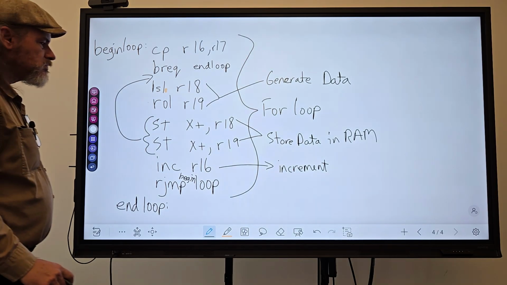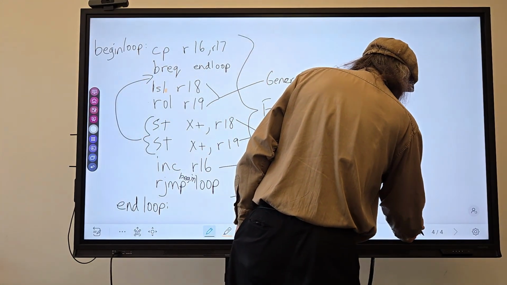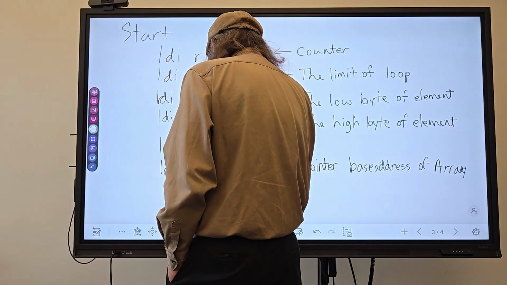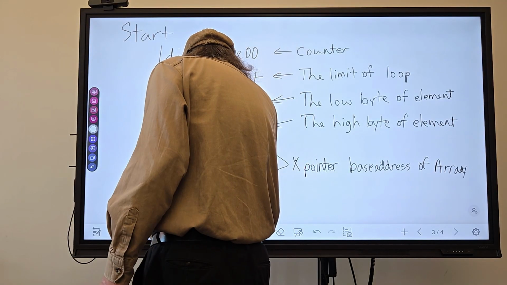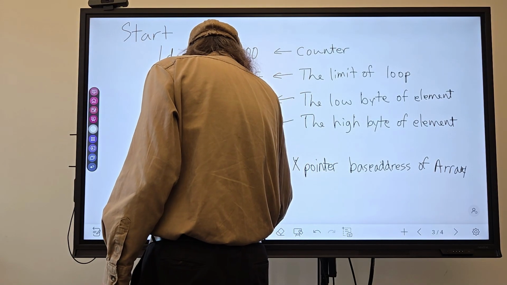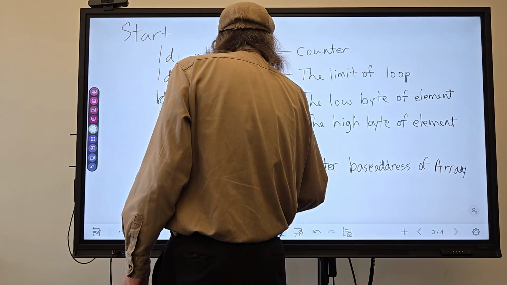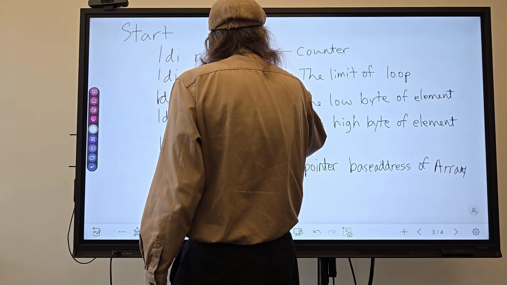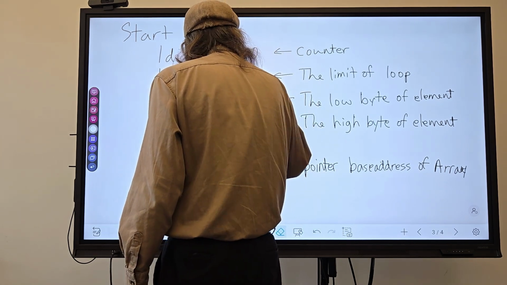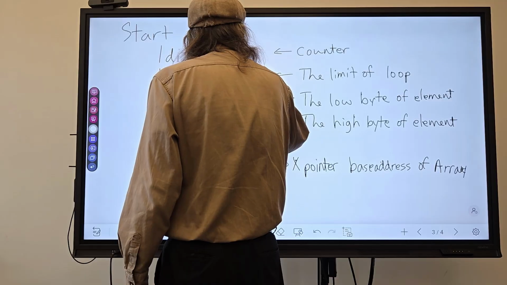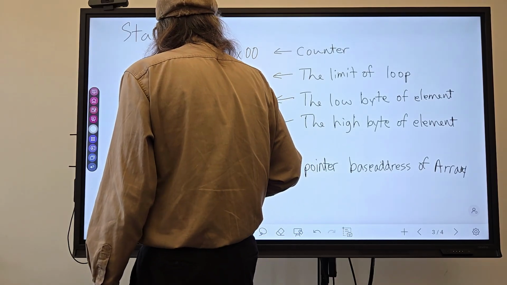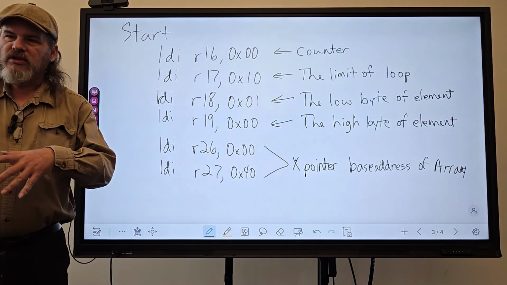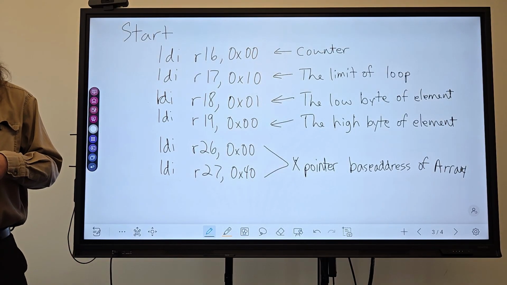Oh no, make it 16. Make this 16. And then do the store before the logic shift and rotate left.